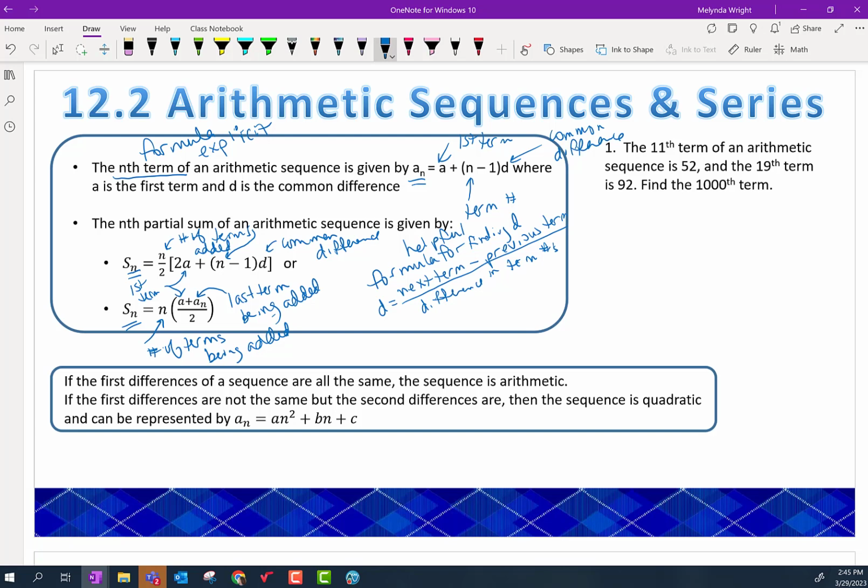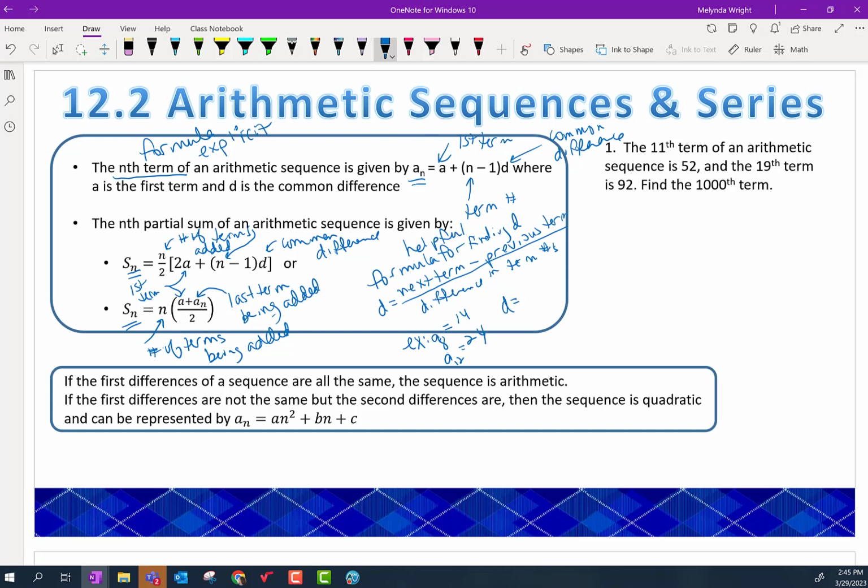Okay, so for example, let's say we know that a sub 8 is 14 and a sub 12 is 24. In other words, the 8th term is 14 and the 12th term is 24. Well, it's not readily apparent what the common difference is because those terms are so far apart from each other. So we could use this handy little formula, if you want to remember it.